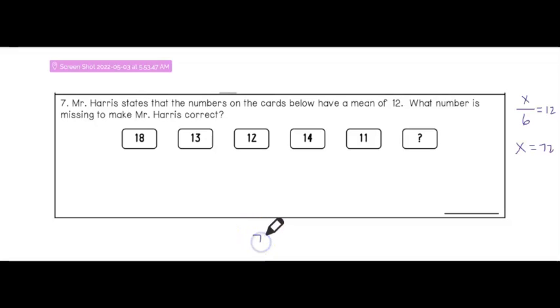So if we do 72 minus 68, we get 4, which means the last card is 4. Because you add all these up, and if you put 4 with this card, that makes Mr. Harris correct, where you have an average or a mean of 12.